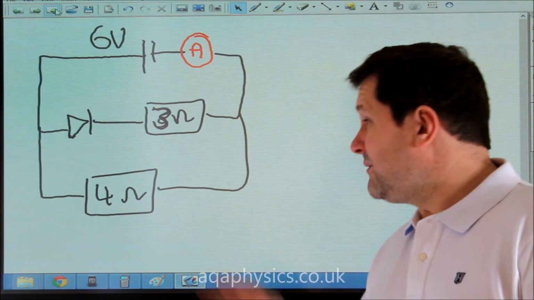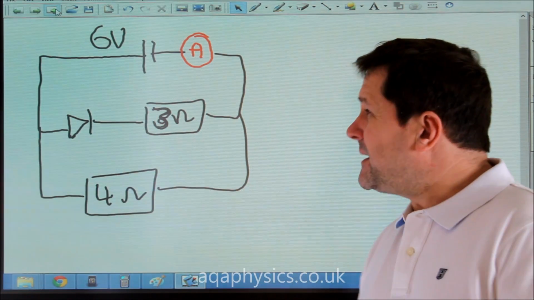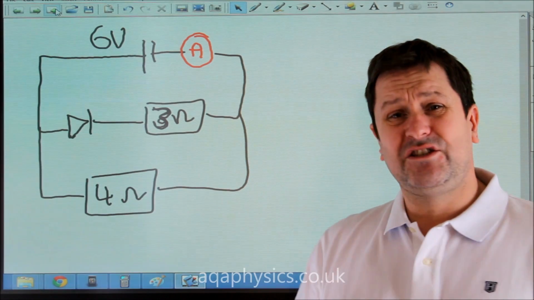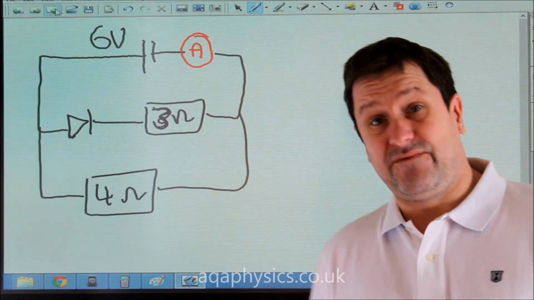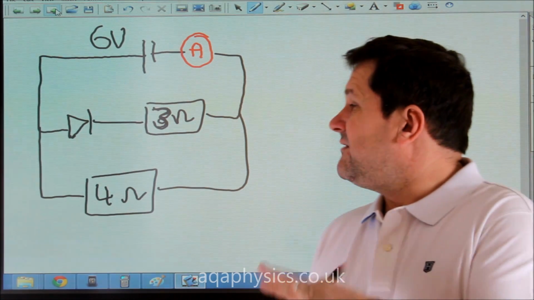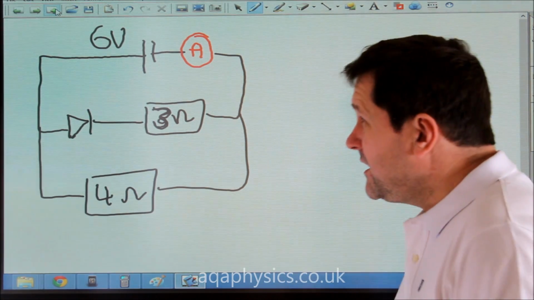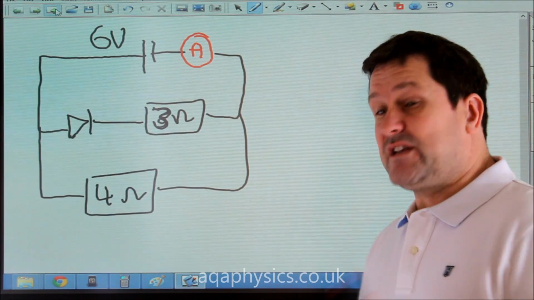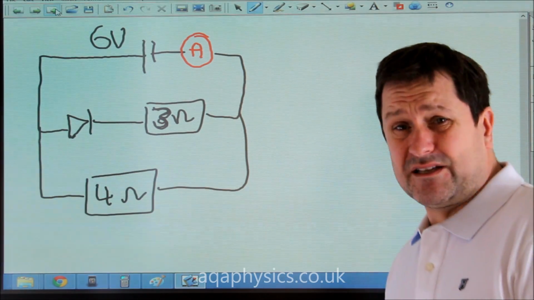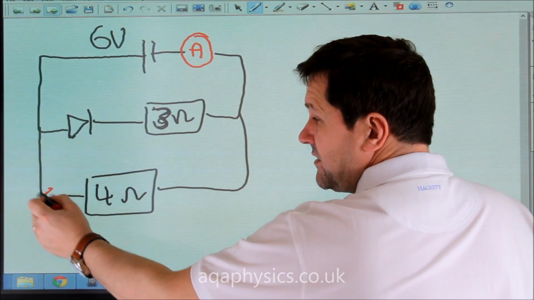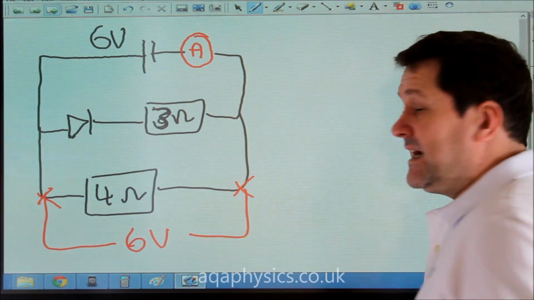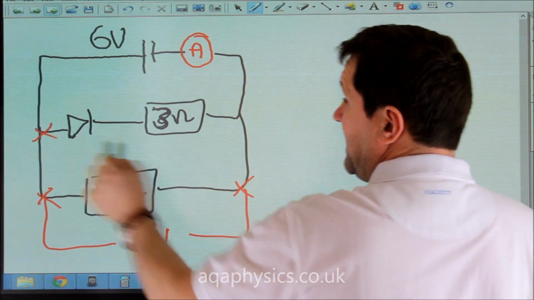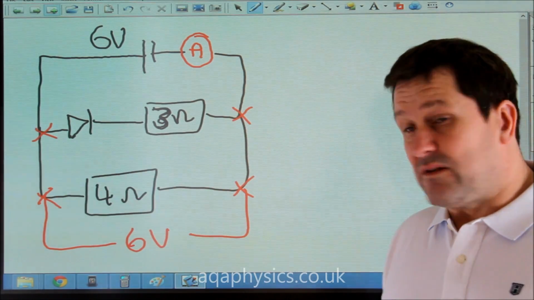Now in this problem here with a diode, you can't do that, because the potential difference changes, okay? Now, as long as we stick to our very simple rules, this is a very straightforward problem to solve. We remember the potential difference across each branch is always the same in a parallel circuit. So the potential difference across this branch here is 6 volts, and the potential difference across this branch from here to here is also 6 volts.